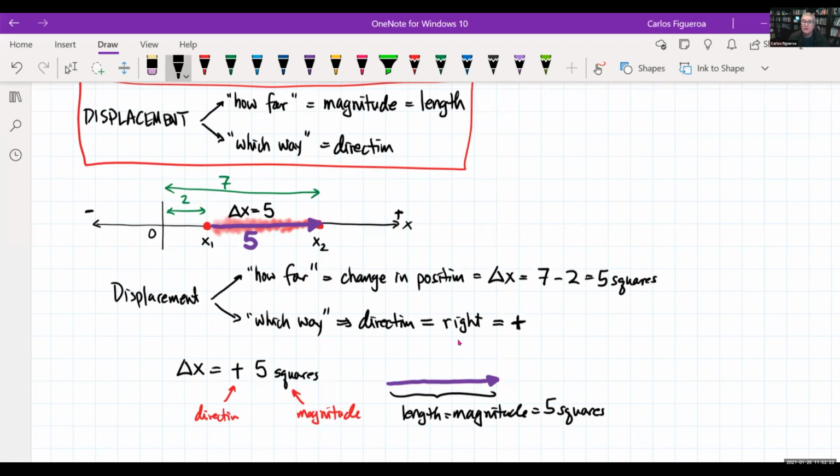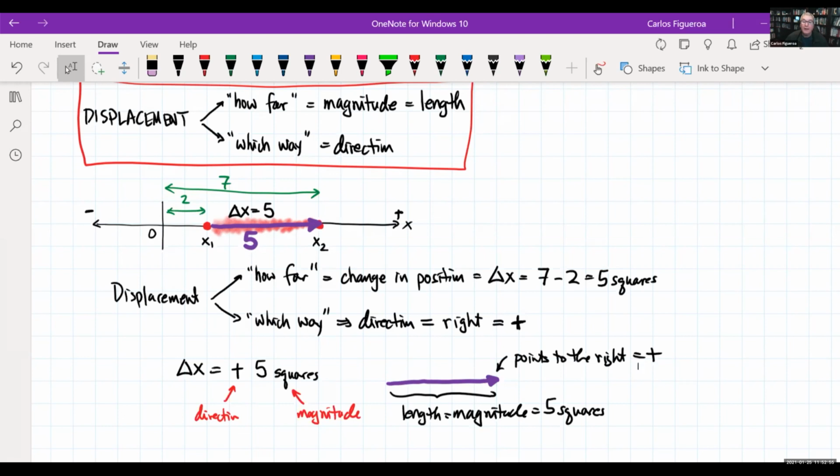And since there's only 2 directions that you can go, you could see here that because the tip points to the right, therefore we give it the plus sign. That's what we mean by this right here, right? That's what we mean by that. Any questions so far?